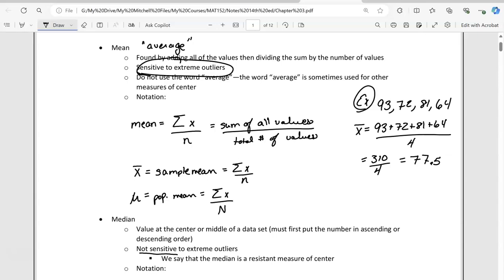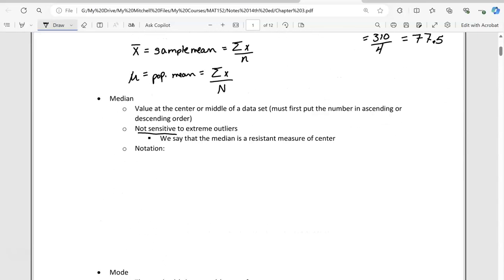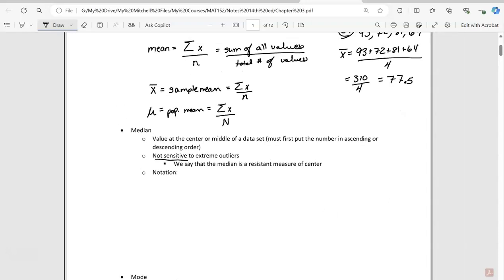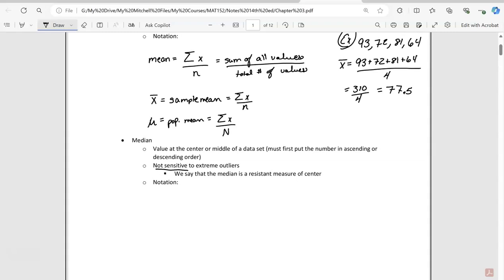Well, when we talk about the mean, we're adding all of the numbers. So every single number gets used in this computation. Whereas the median, we're just going to take all the numbers, put them in order, and then find the one that's in the middle. So the stuff that's on the ends, which would be the outliers, really doesn't matter in this case. So let's go back to our example.